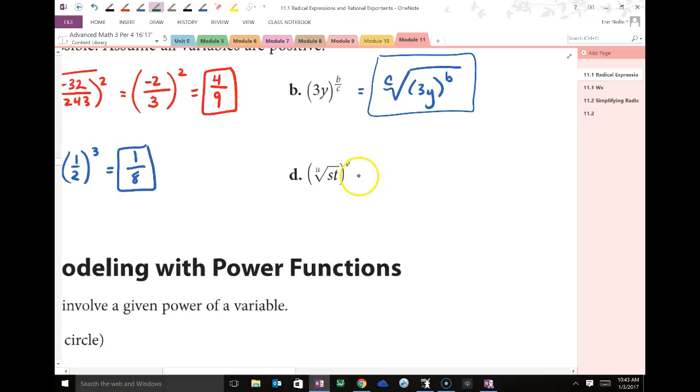So, just so you know, this is the same as the uth power of st to the vth. So, if I'm in radical form, what's the exponential form of this? St to the v over u.